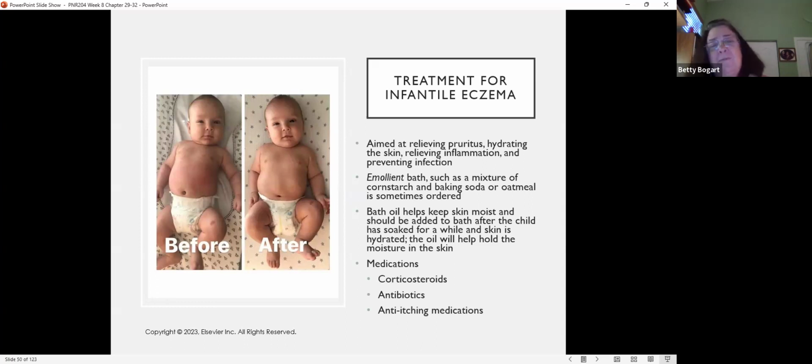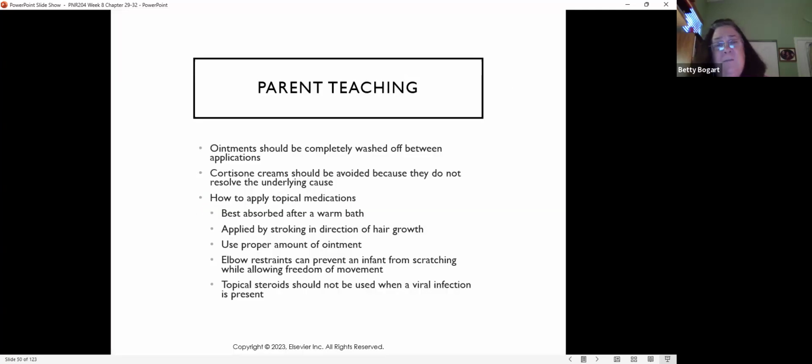Bath oils keep them moist, and it keeps the moisture in. If it's inflamed, if it's itchy, corticosteroids. Steroids decrease inflammation. Also, antibiotics for those infections, and of course, stuff to stop the itch. What they say with these children with these skin conditions, make sure that we wash off all the old stuff or wipe off all the old stuff before putting on the new.